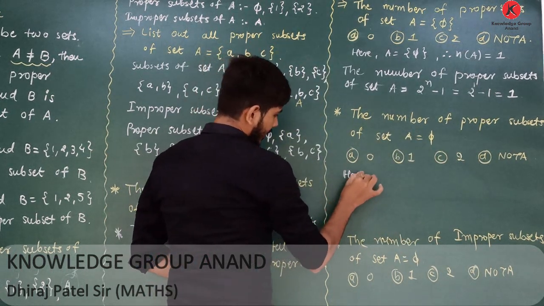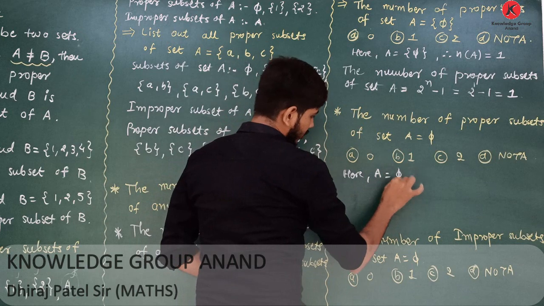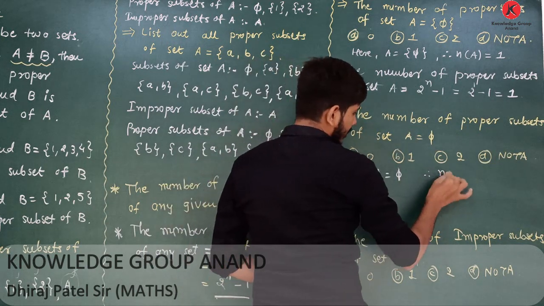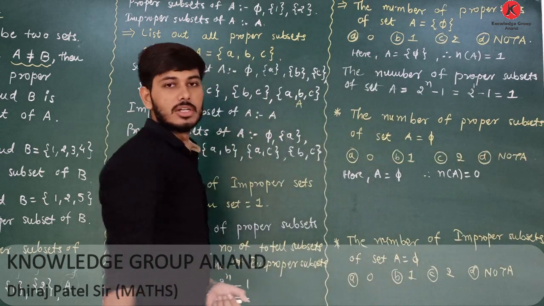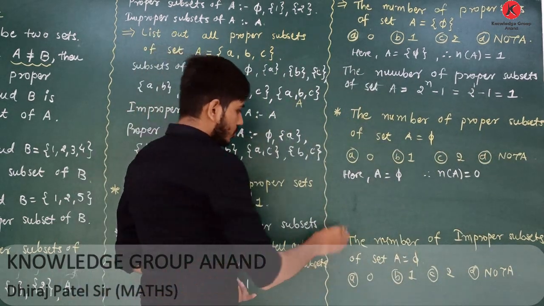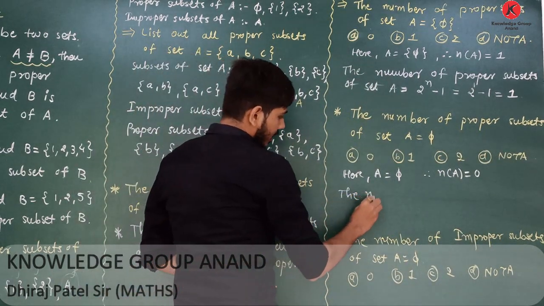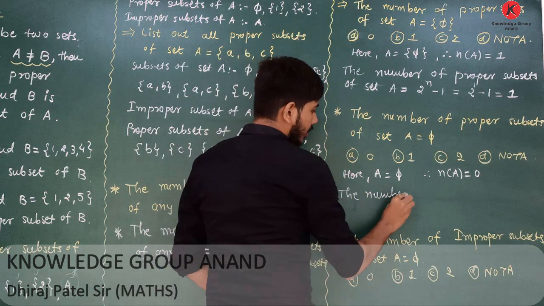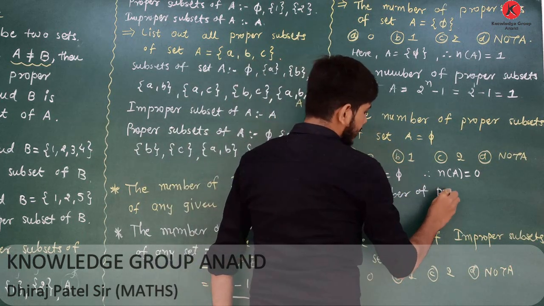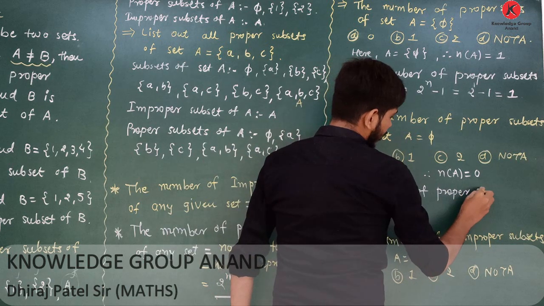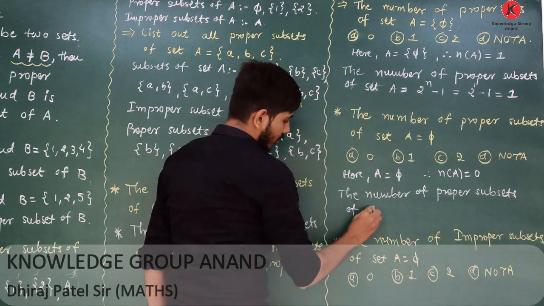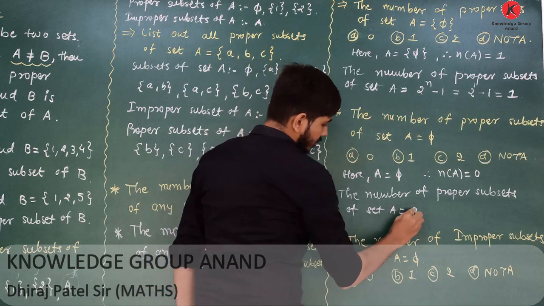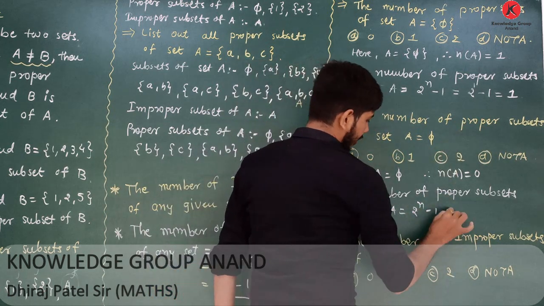So here set A equals the null set. Therefore, the number of elements in set A is 0. Now use the formula: the number of proper subsets of set A is 2 raised to n minus 1.